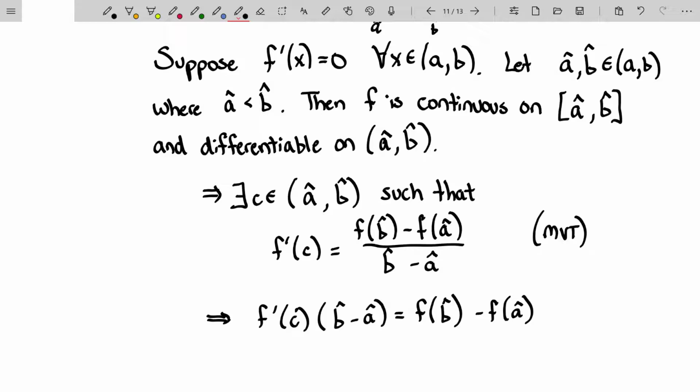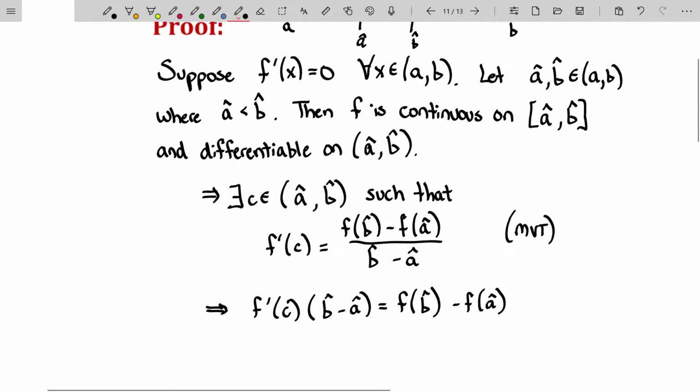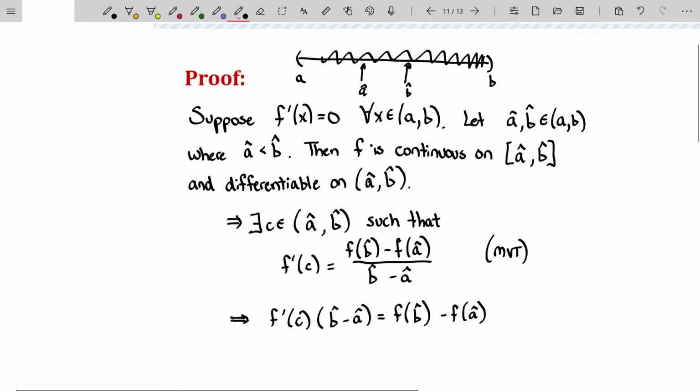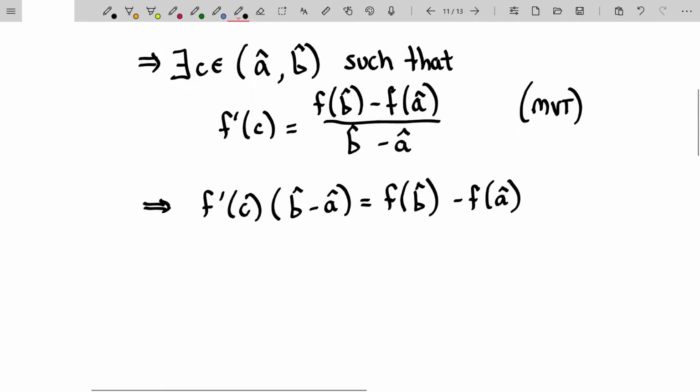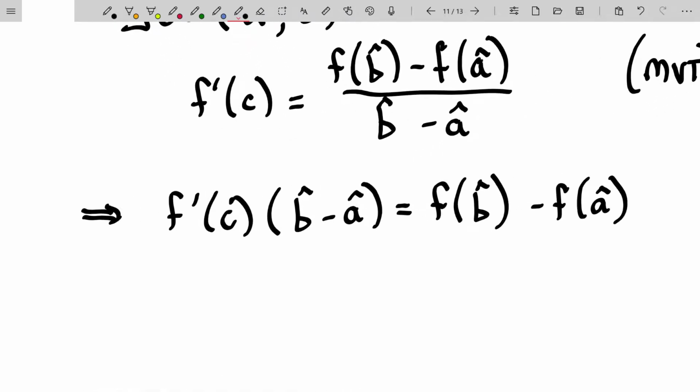There we go. However, we made an assumption. Our assumption was that f prime of x is equal to 0 for all x between a and b. So this f prime of c must be 0.